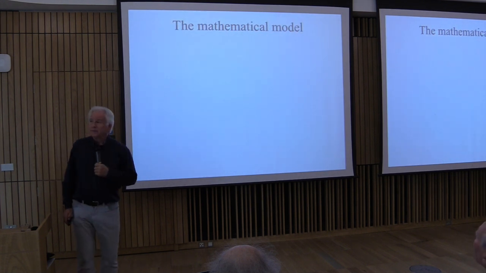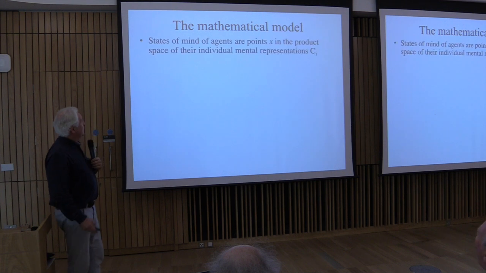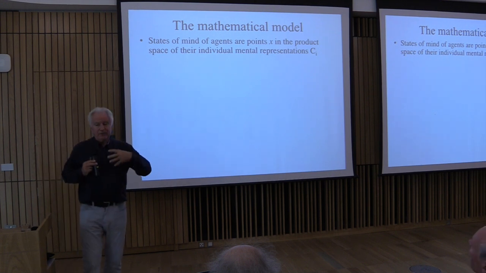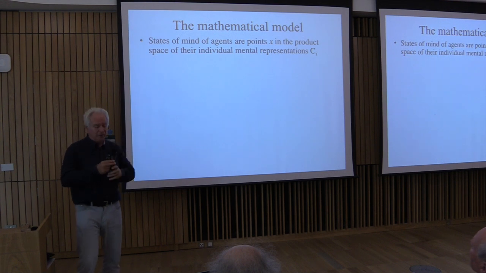Now, 2 minutes of mathematics. States of the minds are product space of the individual mental representations. I have my space, you have your space, we take the product space of that. The interpretation, the semantic function, the product of the interpretation and expression function, is a mapping from the product space to the product space.